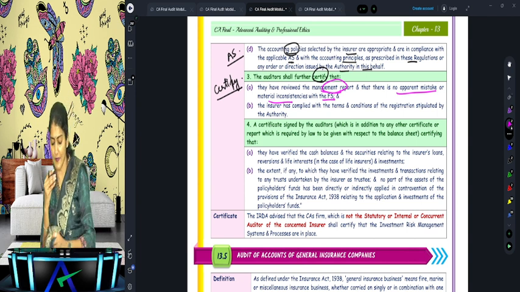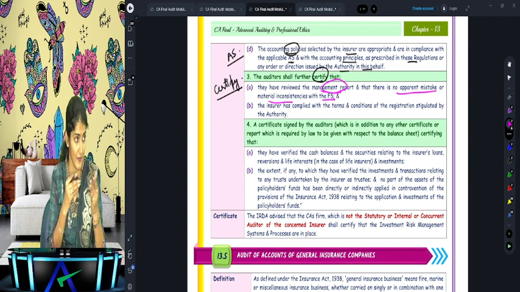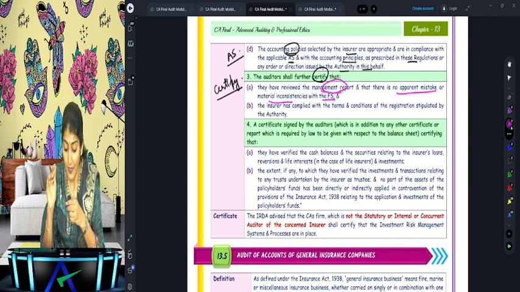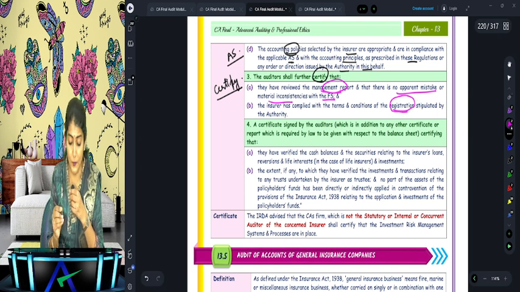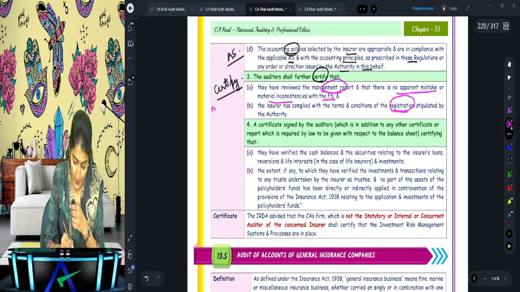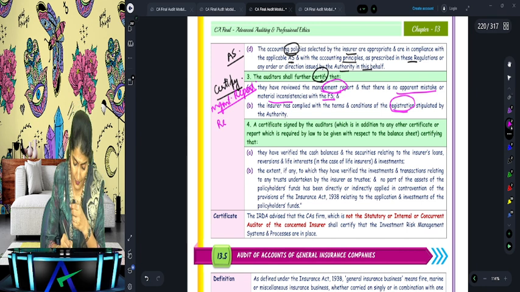Material inconsistencies we have also discussed in SA 720, other information, right? Then the insurer has complied with the terms and conditions of the registration stipulated by the authority. So what are the two things the statutory auditor needs to certify? One, the contents of the management report, that they have reviewed it, and second, they have fulfilled the conditions for registration as stipulated by the authority, right?